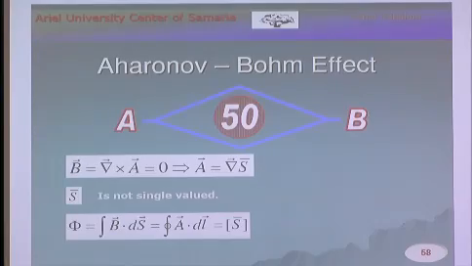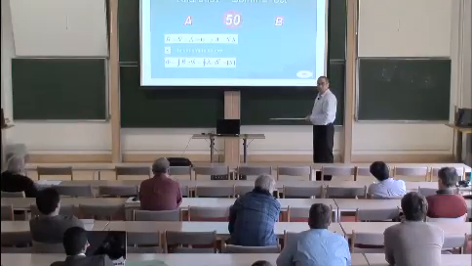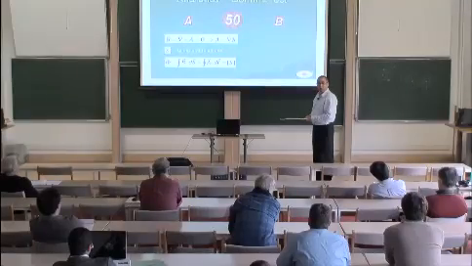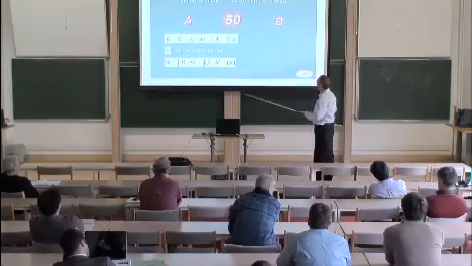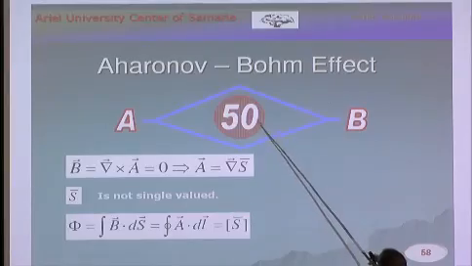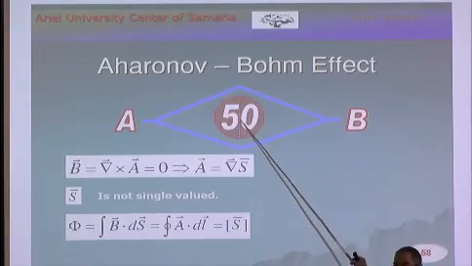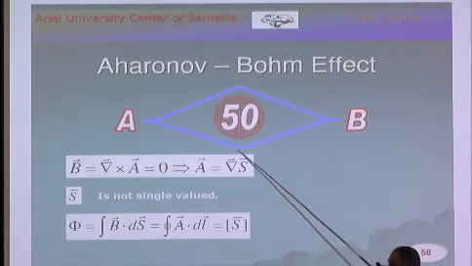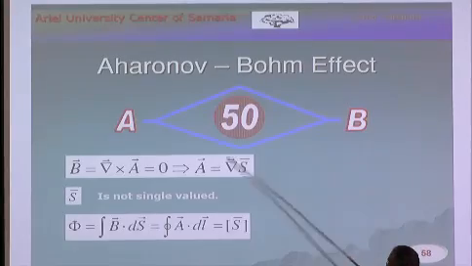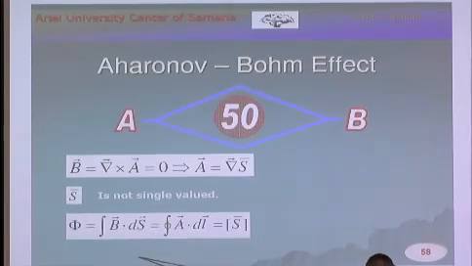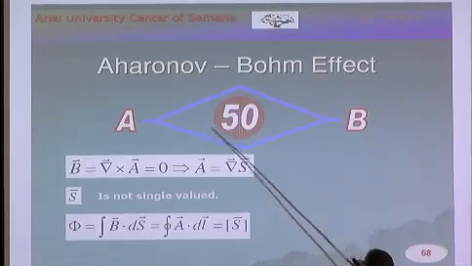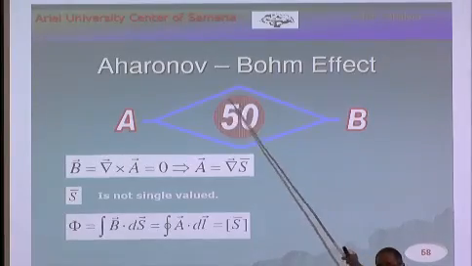Excuse me. You put down here that B is equal to 0. So if you have no magnetic field, that's right. You have magnetic flux, because the magnetic flux is here, and I'm calculating B over here. Now, when you do this area integral, it must contain the magnetic field.